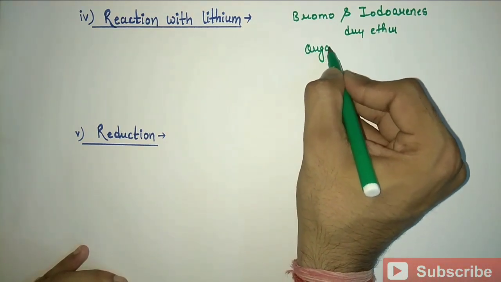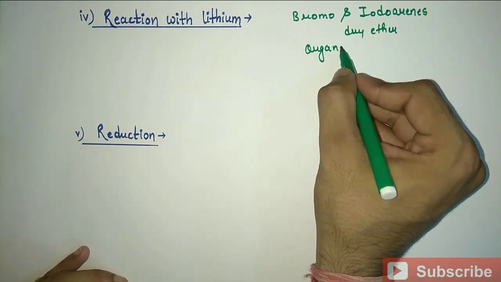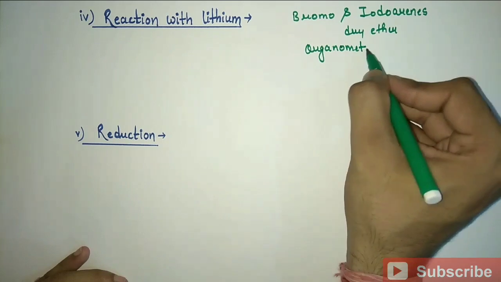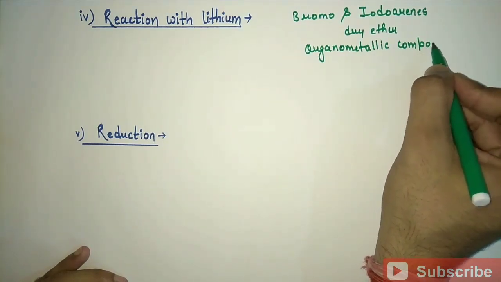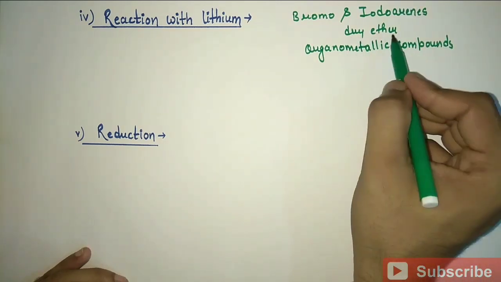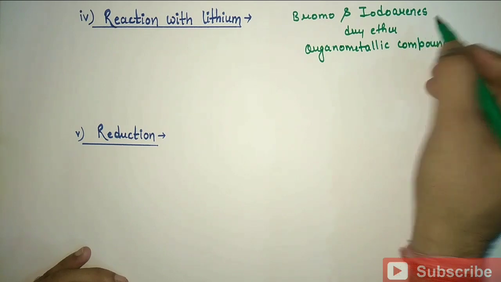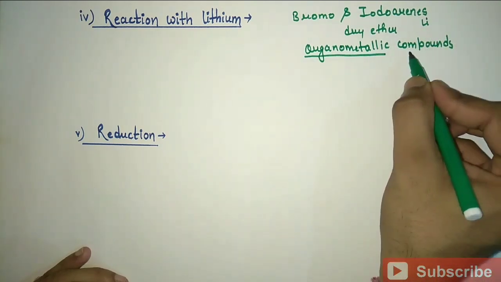I have told you in my previous video what organometallic compounds are. So when bromo and iodoarenes react with dry ether and lithium metal, it will lead to the formation of organometallic compound.